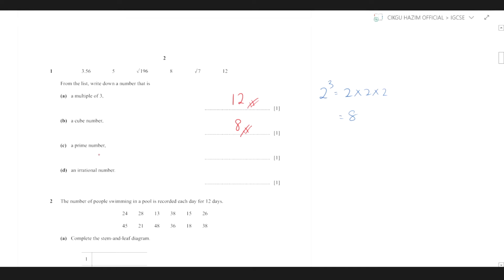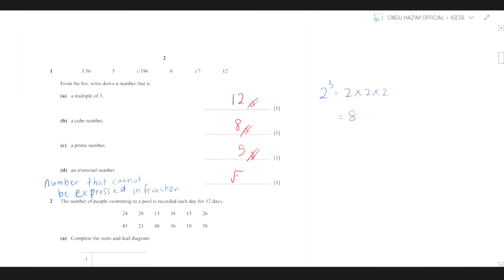As you can see, which numbers cannot be expressed as a fraction? 3.56 we can express as a fraction, and all the other numbers we can express, except for square root of 7. Square root of 7 actually cannot be expressed as a fraction. Even if you press it in the calculator, the value would be irrational, which means the number never stops.